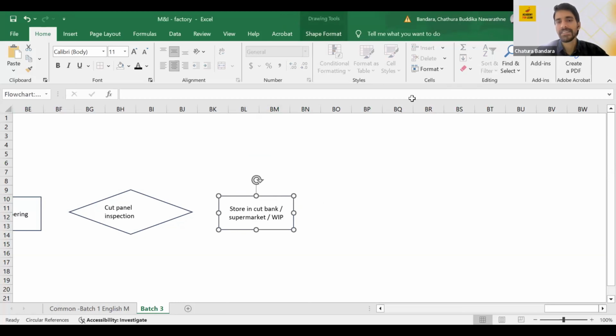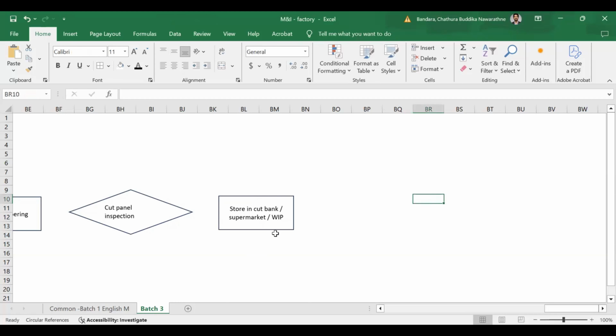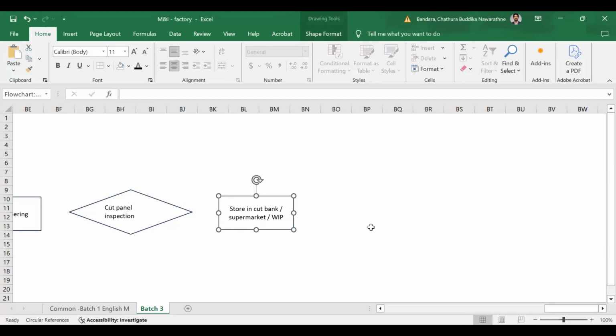What is next? Now we have a cut store, cut bank. What happened next? Sewing flow in, to the sewing line.